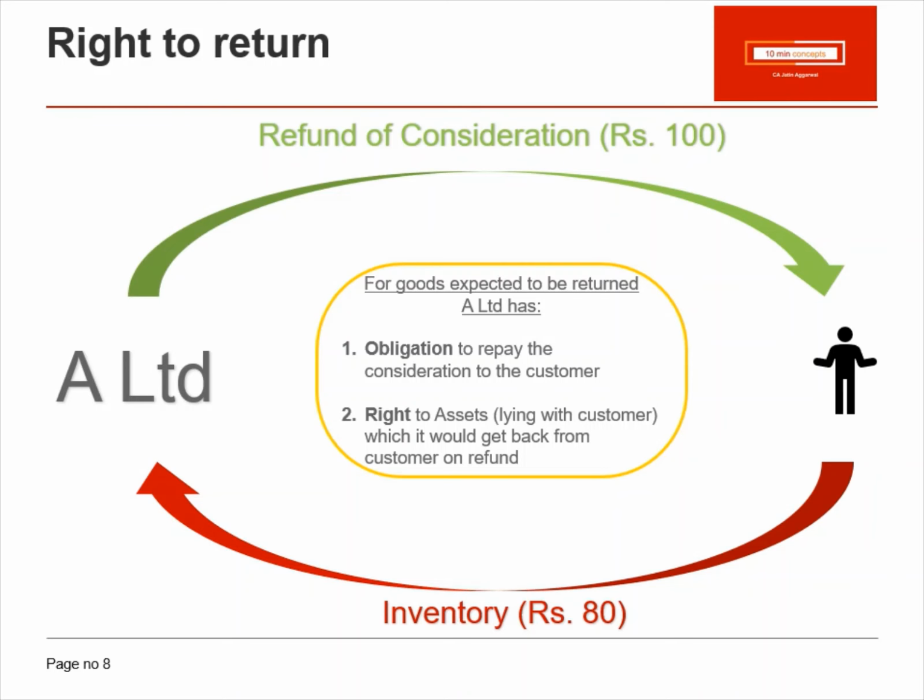So for goods expected to be returned, entity A has obligation to repay the consideration it has received from the customer, and secondly, a right to receive its good back from the customer.